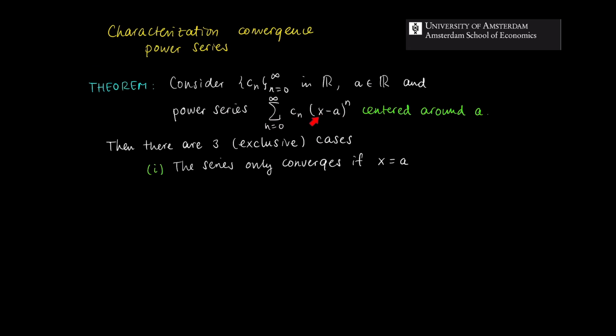So for x equal A, x minus A is 0, so this infinite sum reduces only to a fixed element, and that's the first element, that would be C0. All the other powers vanish. So clearly we then have convergence of this power series. So here we have point 1, is that the series only converges if x equals A.